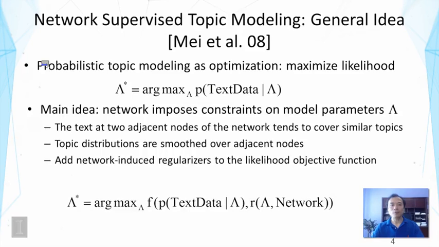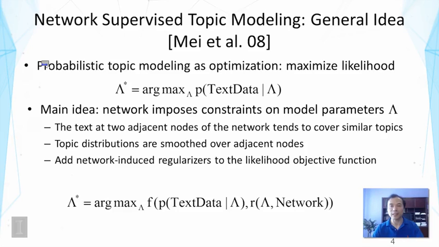Now, the main idea of incorporating network is to think about the constraints that can be imposed based on the network. In general, the idea is to use the network to impose some constraints on the model parameters, lambda here. For example, the text at adjacent nodes of the network can be assumed to cover similar topics.